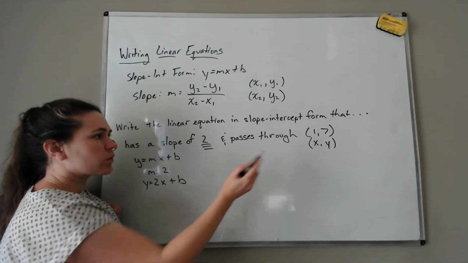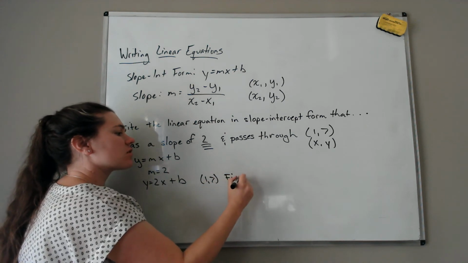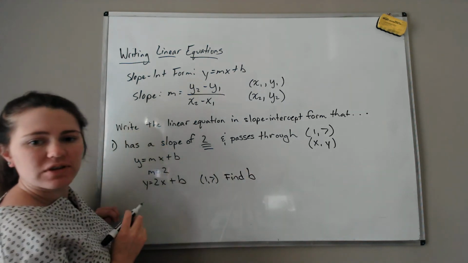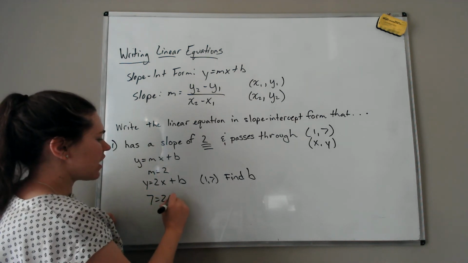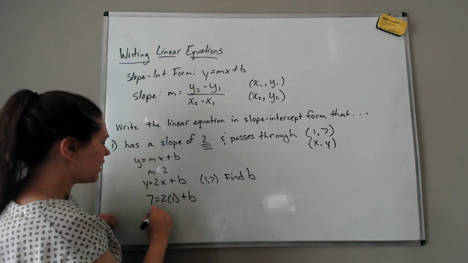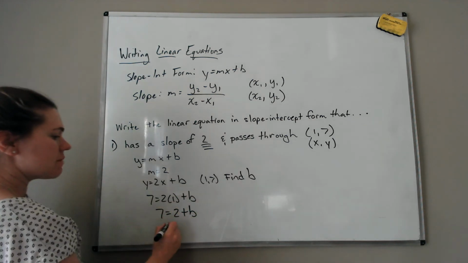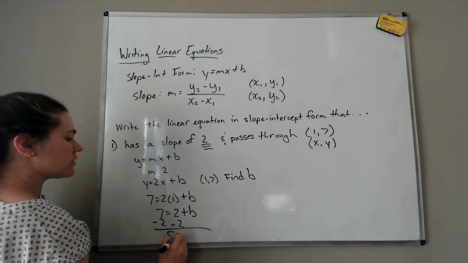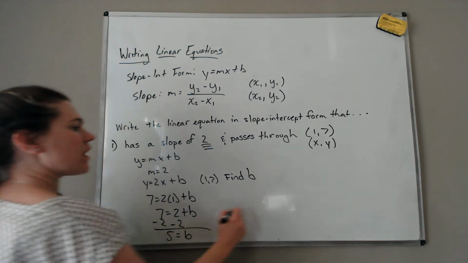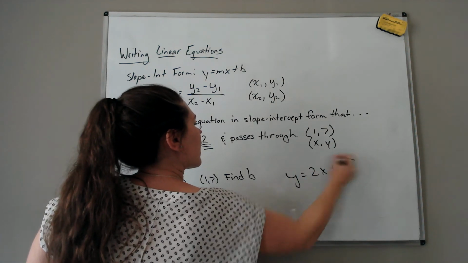So what we do is we're going to plug in 1, 7, and we're going to find the correct b value for this equation. So 7 equals 2 times 1 plus b. So 7 equals 2 times 1 is 2. 2 plus b, get b by itself, so we take away 2. So b equals 5. So the y-intercept is 5. So the equation is y equals 2x plus 5.